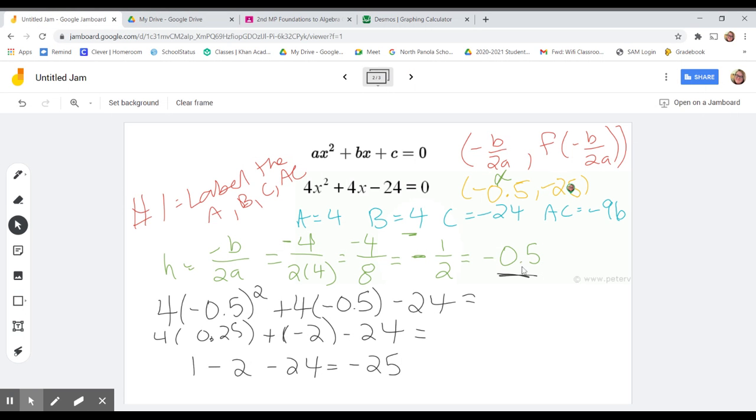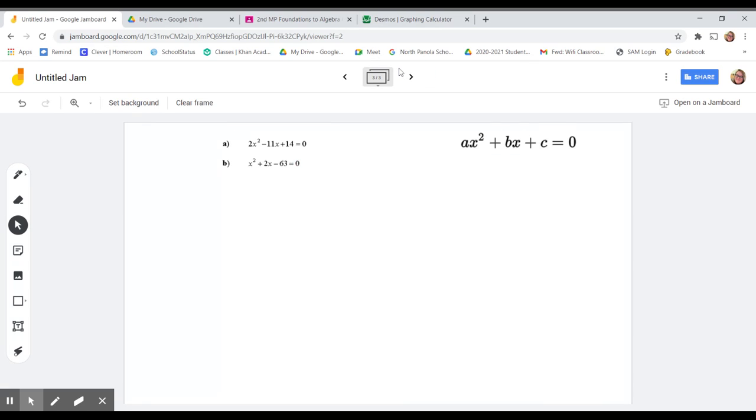Simple, simple, simple. We're going to go ahead and try out 2 more problems. We're going to do this first one, 2x squared minus 11x plus 14.